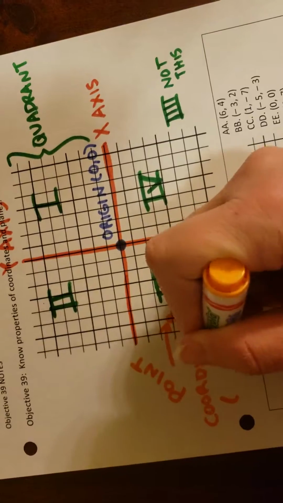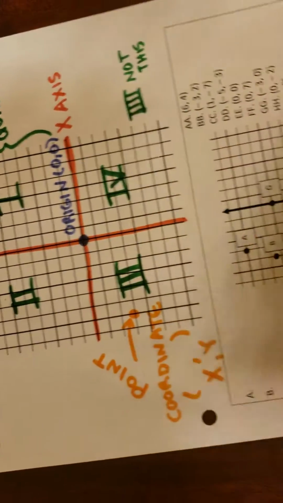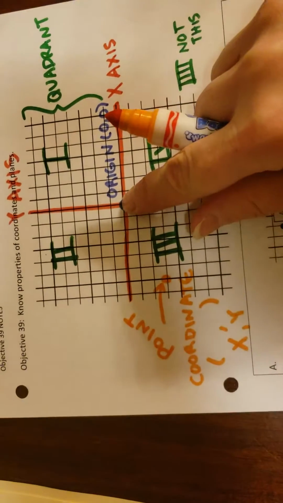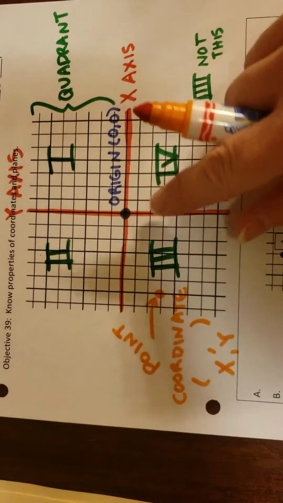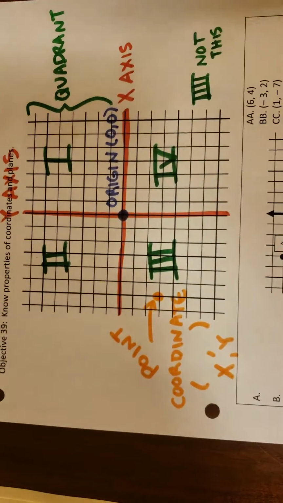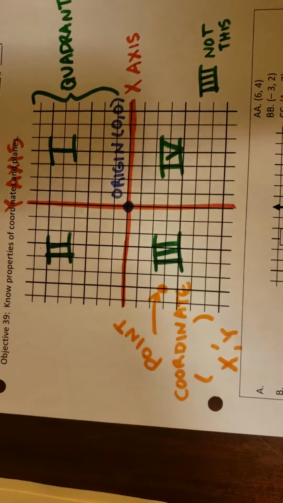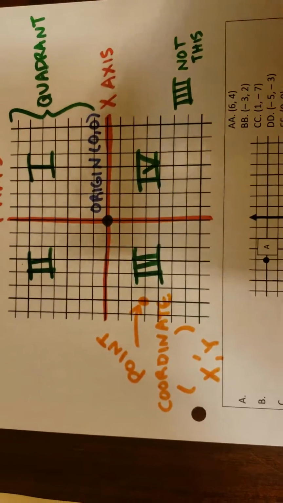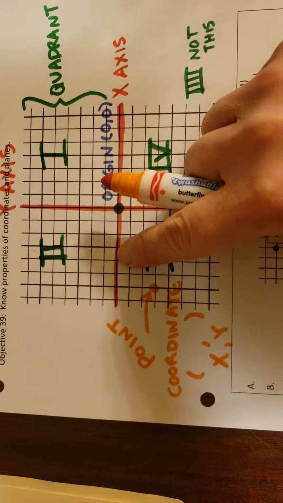And a coordinate is made up of two numbers, the x and then the y, in parentheses. The x communicates the horizontal motion from the origin, and the y indicates the vertical distance from the origin.